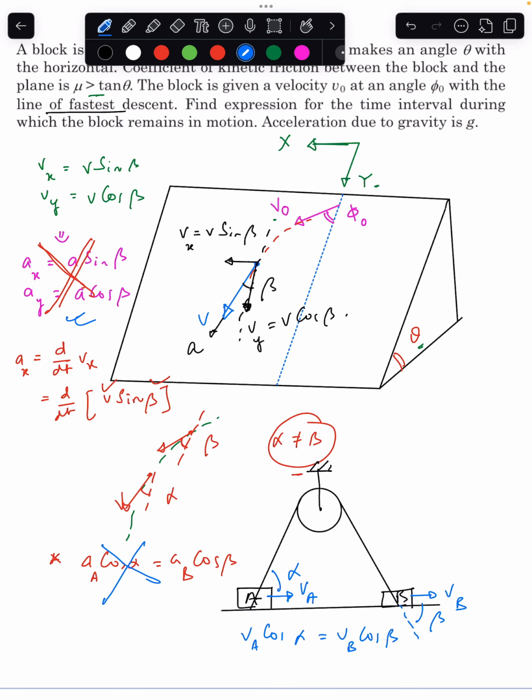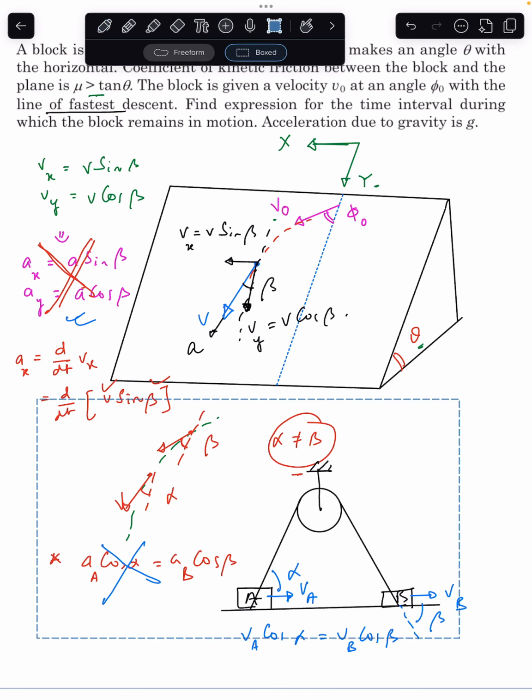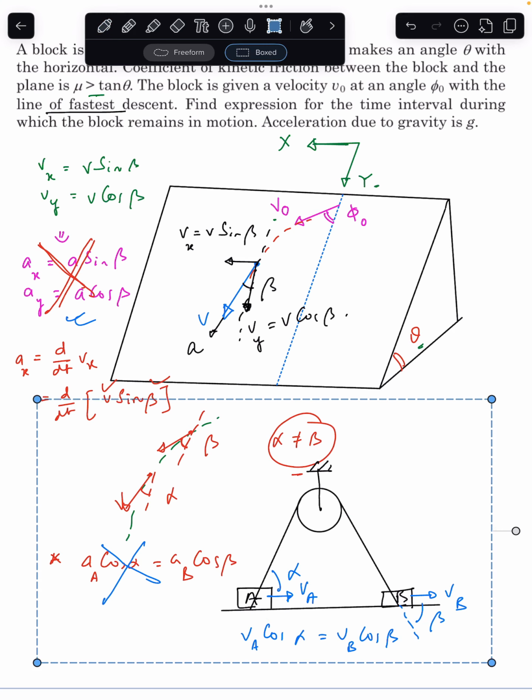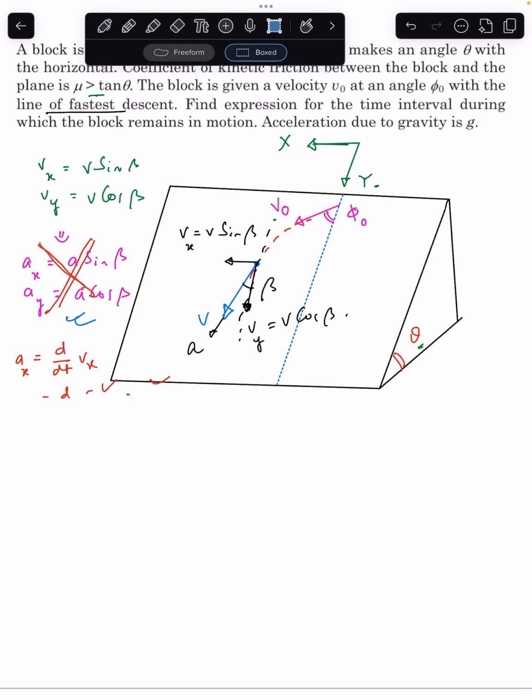Once this idea is clear, let us now go into further solution of the question. Here I have already got two equations, Vx equal to V sine beta and Vy equal to V cos beta. I'm taking this path once again. This is the line of fastest descent, and here I have the path.